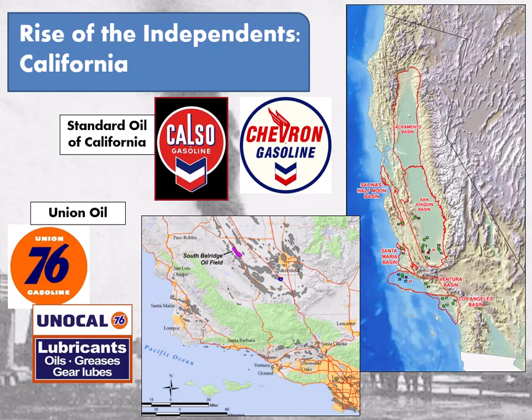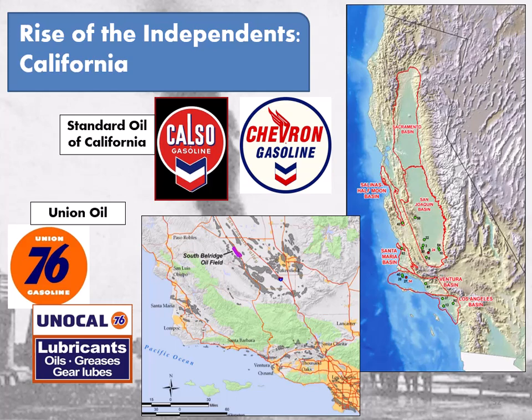And so Standard Oil is not going to be able to impose the same kind of monopoly on production in California that they were able to do in the previous 40 years on the East Coast. Standard Oil will create Standard Oil of California, CalSO, and as we follow these oil companies through the remainder of the semester, CalSO is going to become Chevron.